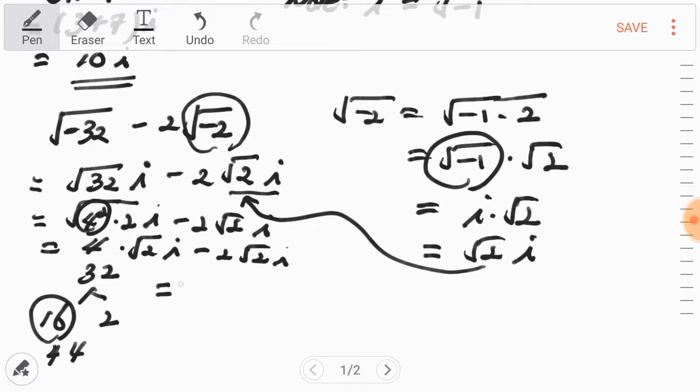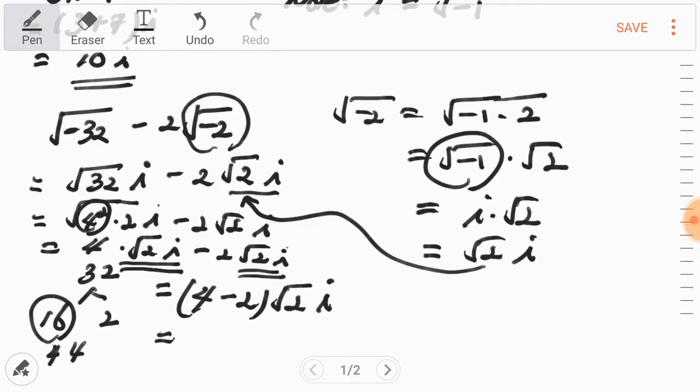Okay, there are two terms, and look at this one. Here is the square root of 2 i, and here is also the square root of 2 i. It looks like these two are common factors. So just like combining like terms, why don't we add 4 and 2? Let's subtract 4 and 2. So 4 minus 2 times the square root of 2 i is equal to, finally, 2 times the square root of 2 i.